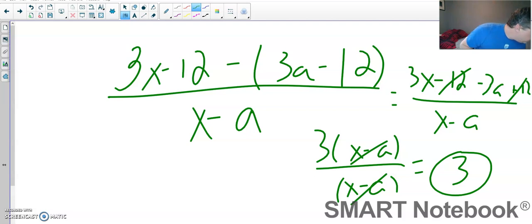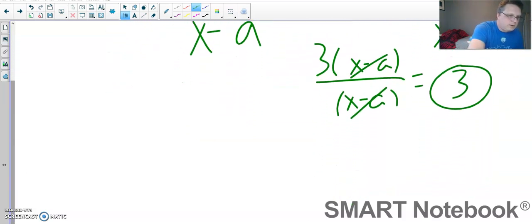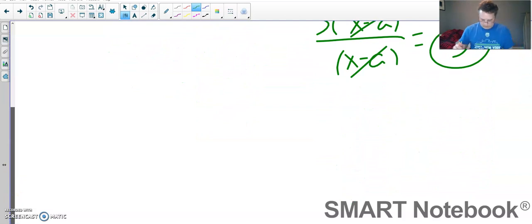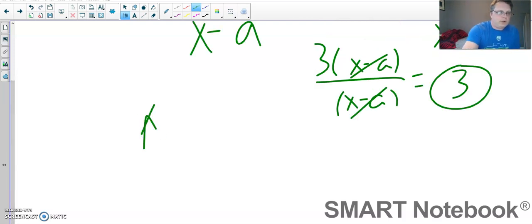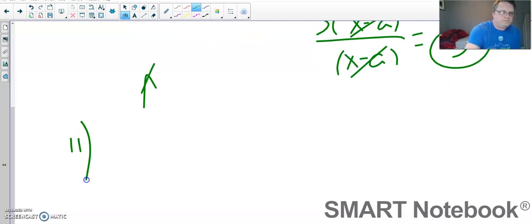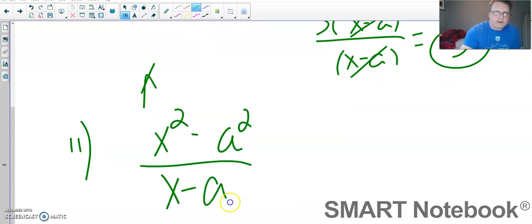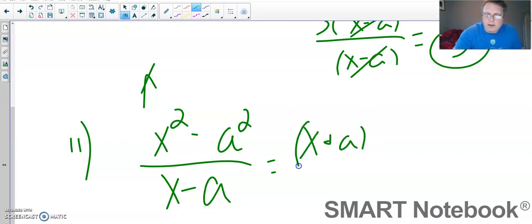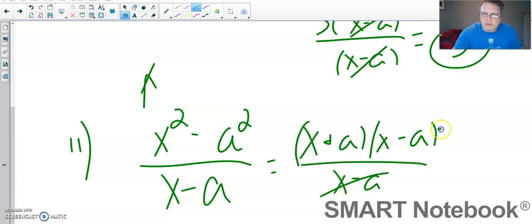And the last one, number 11. x squared minus a squared all over x minus a. I think we saw something like this already, didn't we? x plus a, x minus a, all over x minus a. Cancel, cancel.